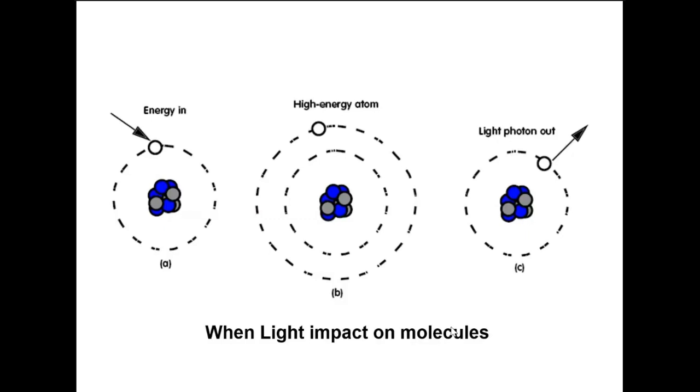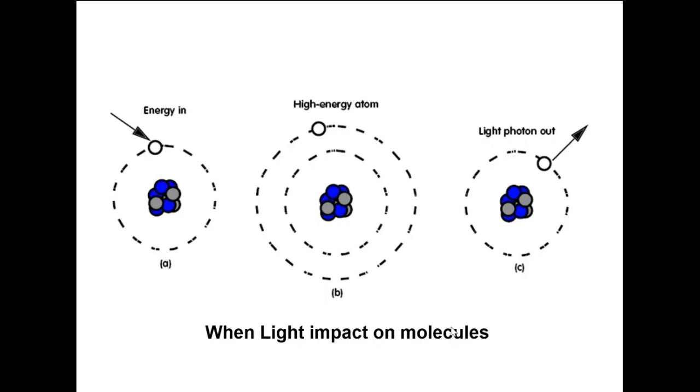So let us make it very simple. When light impacts a particular biomolecule, the biomolecule is capable of absorbing light of definite energy. Not all biomolecules are capable of absorbing light of a definite wavelength. For example, if you take the Bradford reagent, it will absorb light after interacting with protein, and it will absorb light of only 650 nanometer wavelength.